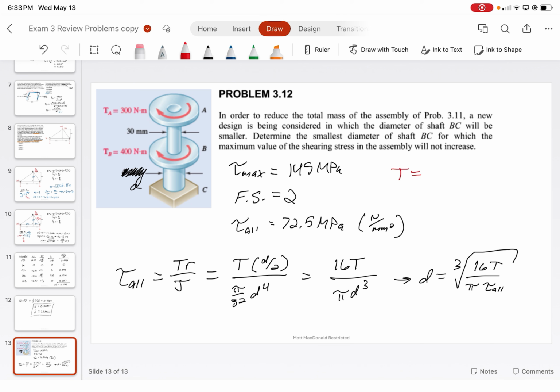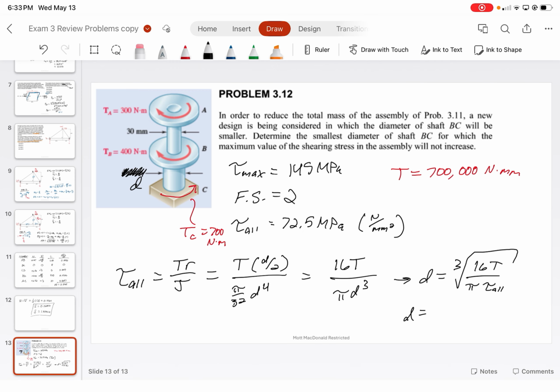So the torque, the total torque within rod DC is going to be the reaction torque here. So TC is just going to equal 700 Newton meters from equilibrium, which 700 times 1,000 is 700,000 Newton millimeters.